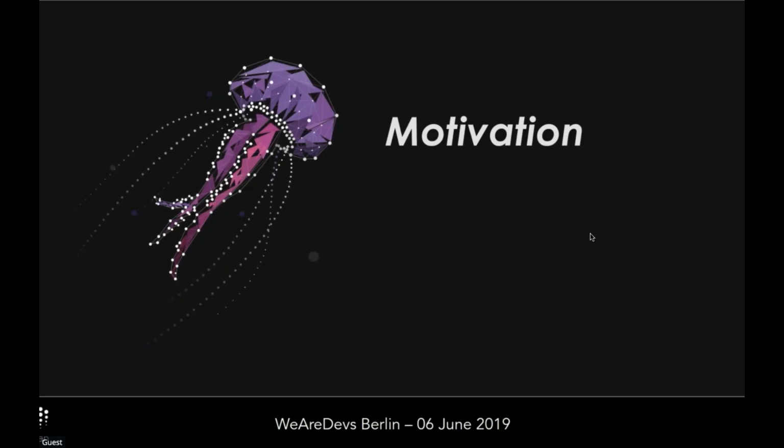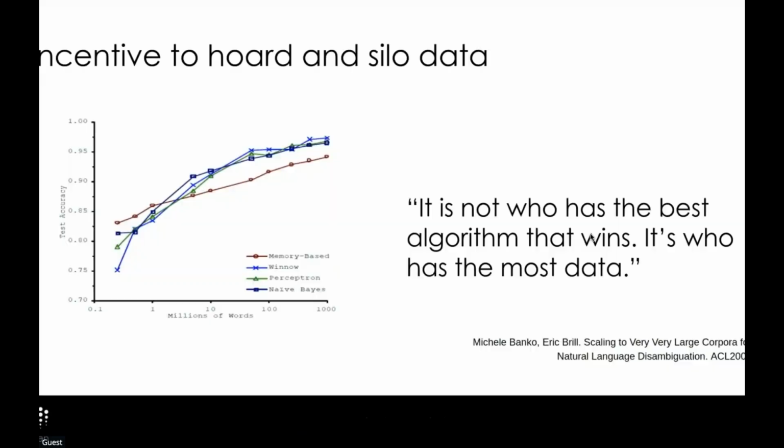First, some motivation. In the world of data science, this is a very famous paper from 2001, which showed that instead of putting a huge amount of effort and resources and developer time into discovering and building new algorithms, there's an alternate approach, and that is simply to throw more data at an algorithm.